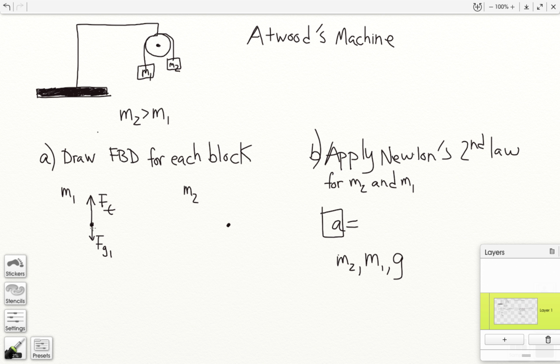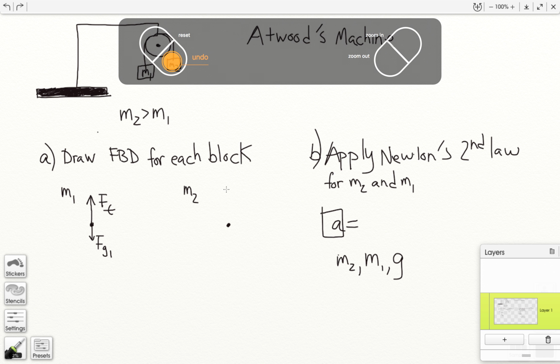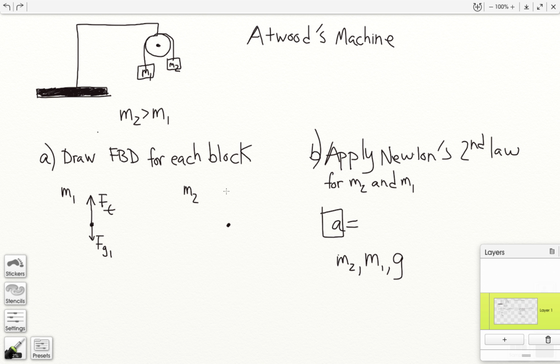One of the things here is having these two forces and drawing the arrow of the force of gravity smaller than the force of the tension. Now for mass 2, this tension force is going to be the same magnitude, so let's draw this arrow approximately the same length. This one, again, is Ft, which is the same for both blocks because they're connected by the same string.